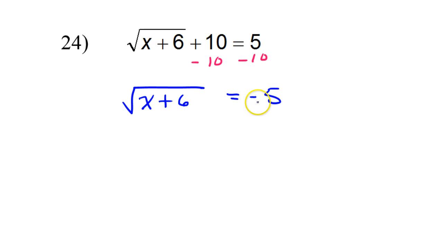This is impossible. You can't take the square root of something and then have it equal to a negative number. If I have the square root of question mark is equal to negative 5, there's nothing I could put in here that's going to give me a negative 5. If I put in negative 25, that would be 5i, not negative 5. So this is no solution.